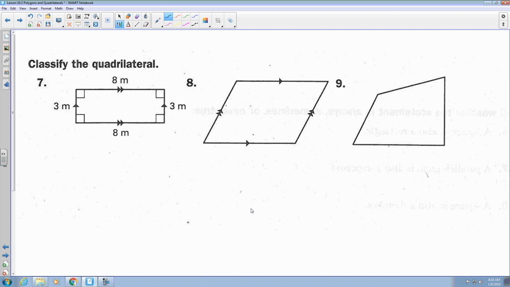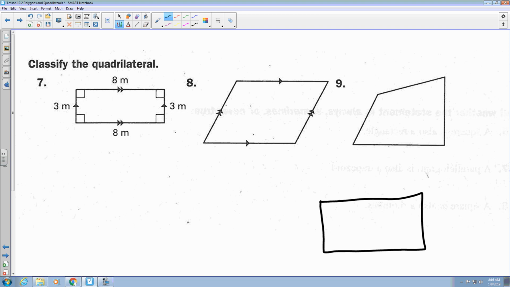So, for instance, you could have a shape that looks like this, and you could say, all right, there are no other measurements, there's nothing stating that they are parallel, there's nothing stated that the angles are right angles or whatever.